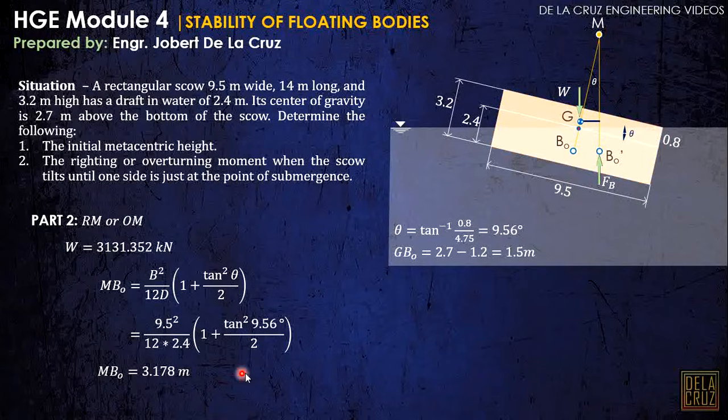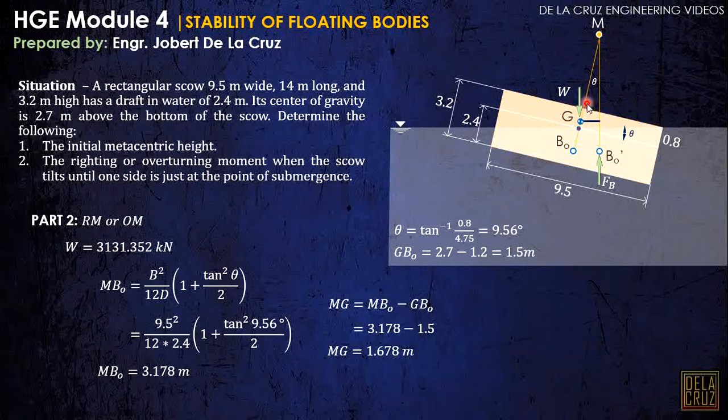And again, we will calculate the MG na. So, as you can see, MBO is greater than the GBO. That means nasa itaas talaga yung metacentric height natin. Okay? So, MG is MBO minus GBO. So, we have the values here. And we have the value of MG. Okay. Now, as you can see, no?